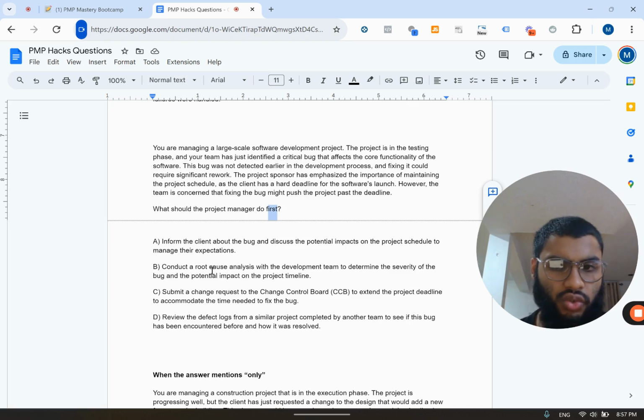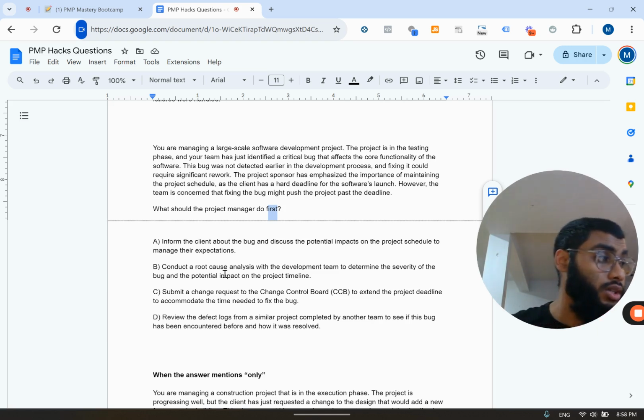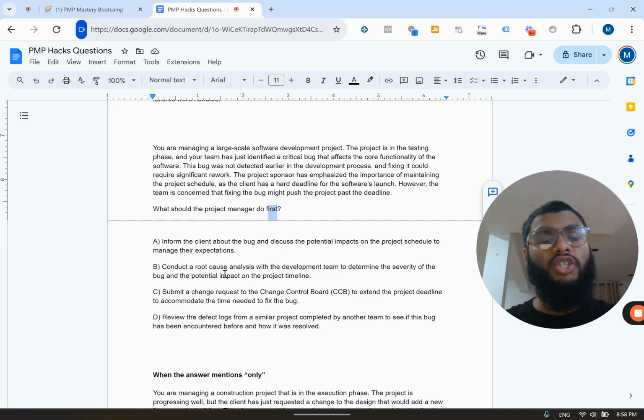The best solution is going to be conducting a root cause analysis and then looking at the severity of the bug and the impact. Once we have an idea of what the root problem is, then that's when we submit that change request to solve that root problem. The best answer here is going to be B. I like this question a lot because a lot of people, when they see CCB or change control process, immediately jump to it.